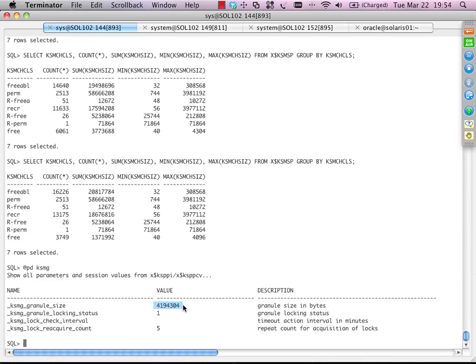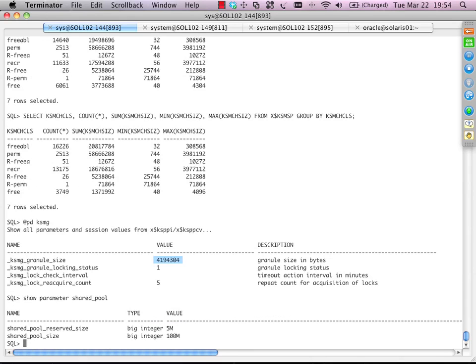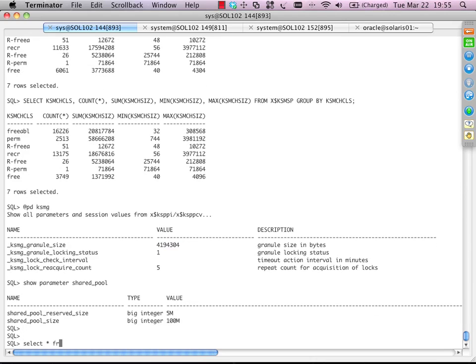And in my case, the granule is only 4 megabytes. You see, my shared pool is 100 megs. My granule size, so this is the amount by which you can extend or reduce some buffer cache or shared pool size, is 4 megabytes.